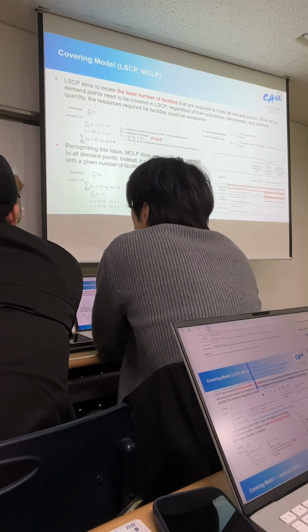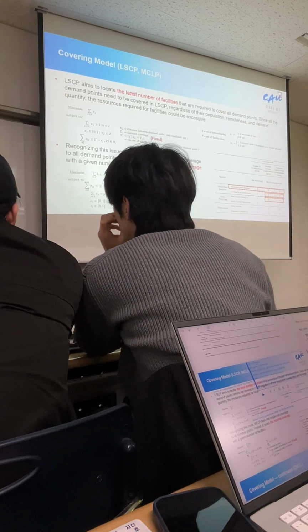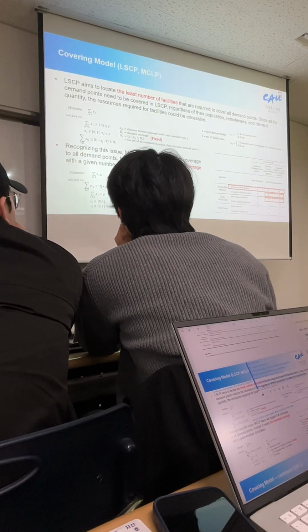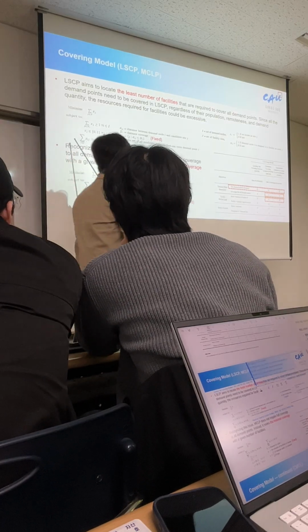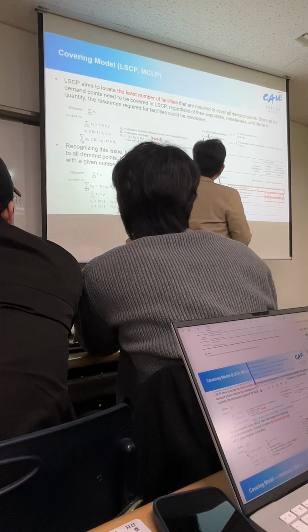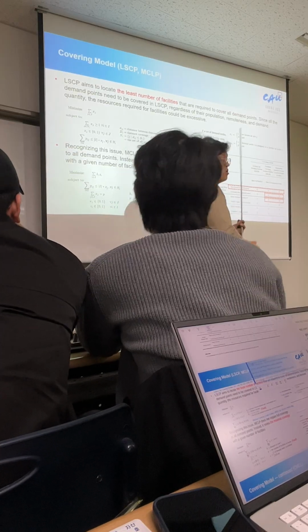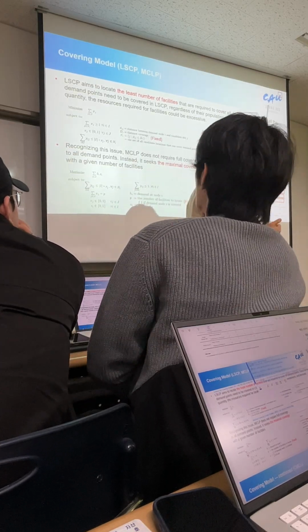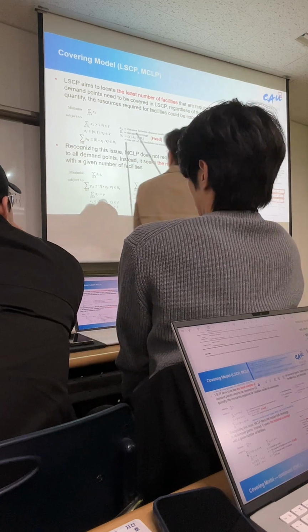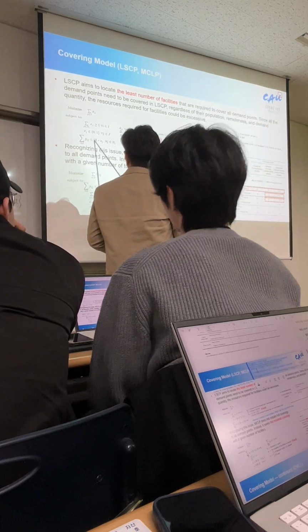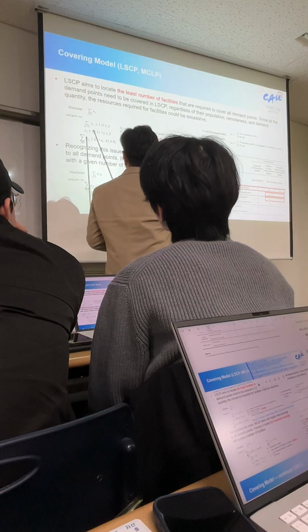So this is 4. Okay? So you do not know how many customers, but if you know the set of the dimensions, you know how many customers you have to serve. Okay? And then that is the total number of the demand.